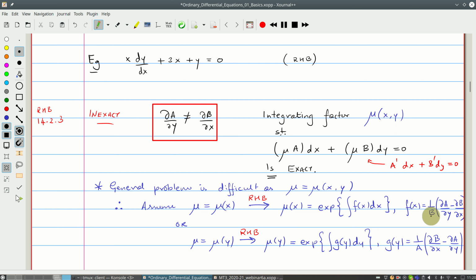So if this function f is indeed a function only of x, then mu is a function of x. Likewise, if g is defined to be 1 over a times the partial of b with respect to x minus the partial of a with respect to y, then if g turns out to be a function of y only, then this ansatz is correct, that mu is a function of y only.